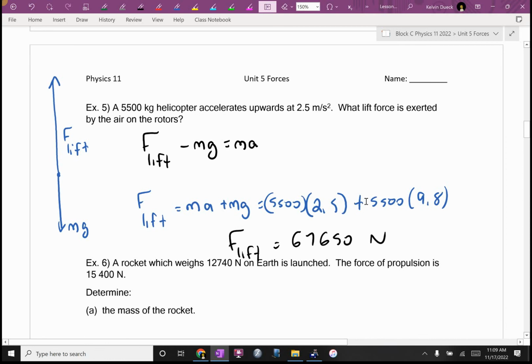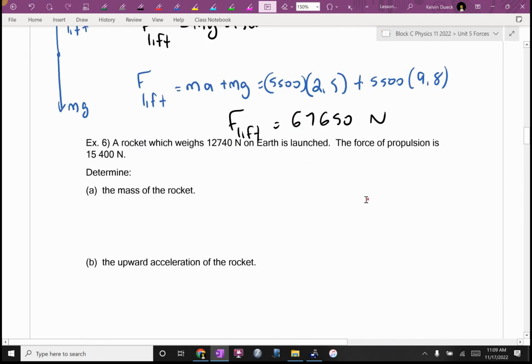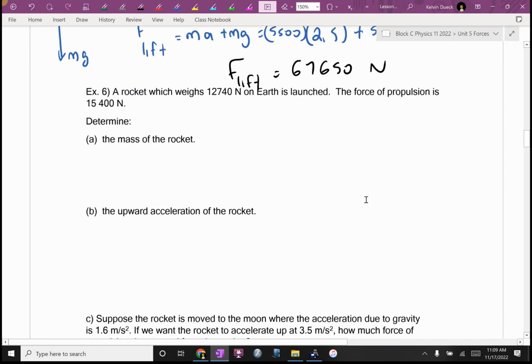Hey, we could even do a little rocket science. A rocket which weighs 12,740 newtons on Earth is launched. The force of propulsion is 15,400. All right. Gurtej, what does A want me to find? Isn't it 12,740? Why can't that be the mass?